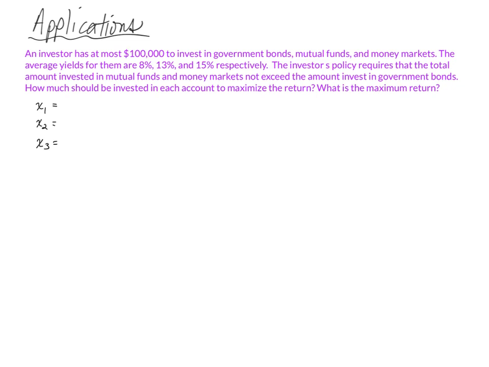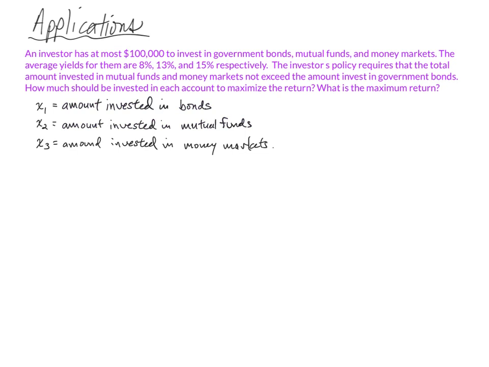You could use x and y and z if you want to, but just to keep things consistent with what I've been doing previously in the video, I'll be using these here. And so I'm going to define these right now. So here you go. The amount invested in bonds will be x sub 1, x sub 2 will be the investment in mutual funds, and x sub 3 will be the investment in money markets.